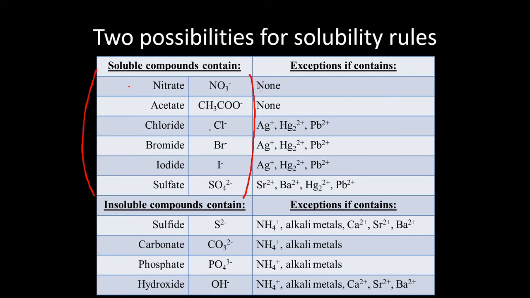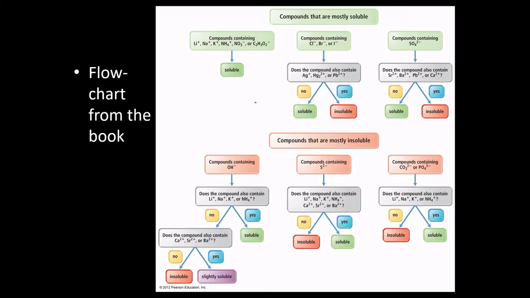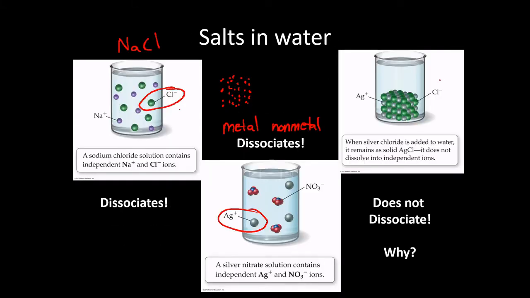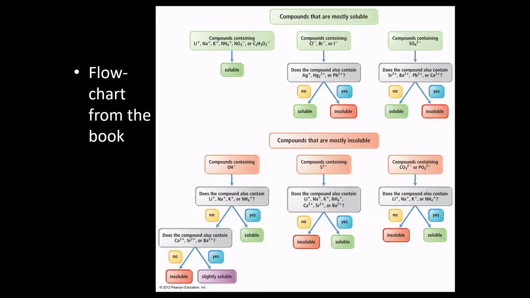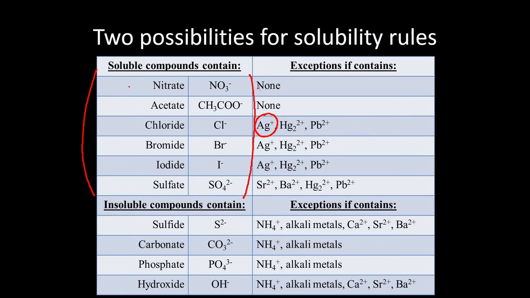So chloride, if you remember, we had sodium chloride that dissolved. Chloride is generally soluble, but one of the exceptions to that is silver. And that is why, back here, this is insoluble. Because we paired up the molecule that's normally soluble with an exception to that. So if silver and chloride are together, they will not dissolve.